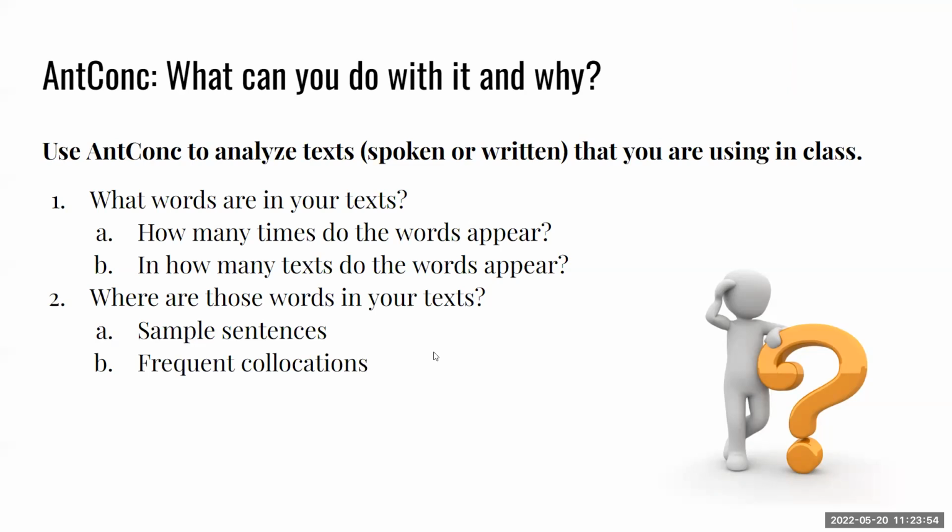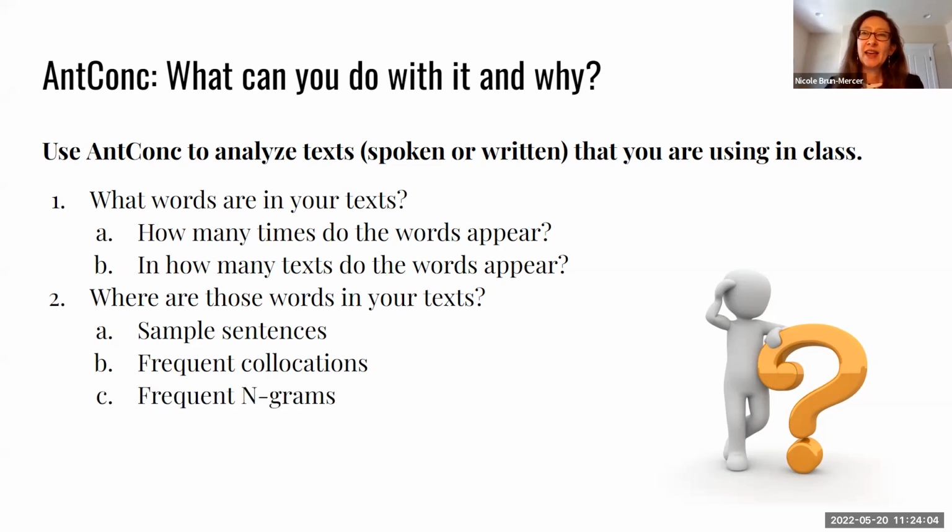So a frequent collocation would be when you have two words that often come together in the same sentence, in the same phrase. We'll talk more about those later. And AntConc will also tell you n-grams. N-grams are in a way similar to collocations, but they're 2 or 3 or 4 words that are a lexical phrase, a fixed phrase.